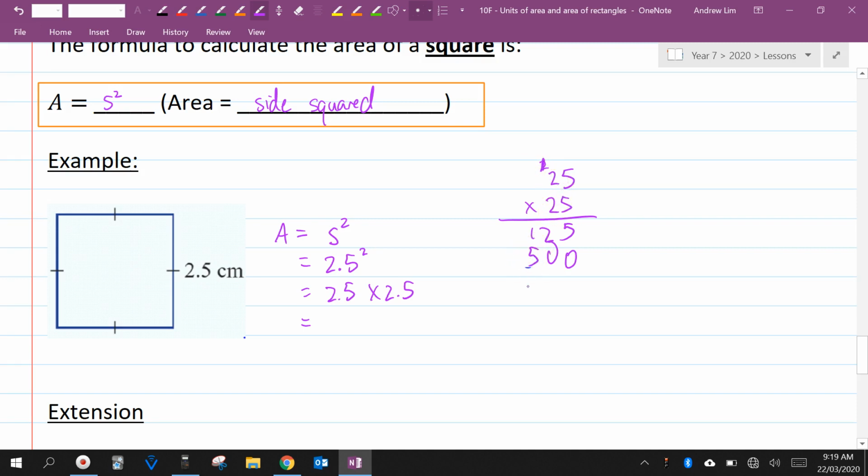Plus 1 is 5. And then we add them. 625. However, there are 2 numbers to the right of the decimal point in the question. So our answer will have two numbers to the right of the decimal point. 1, 2, right there. 6.25 square centimeters.